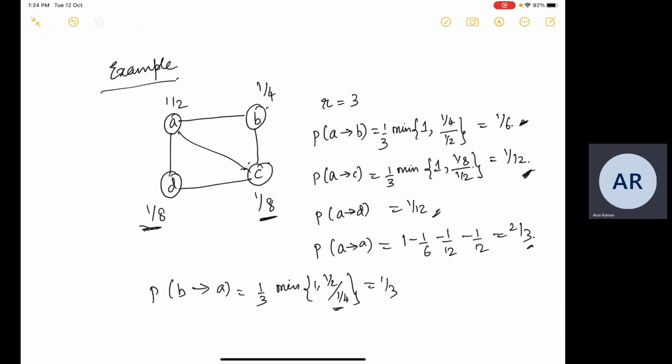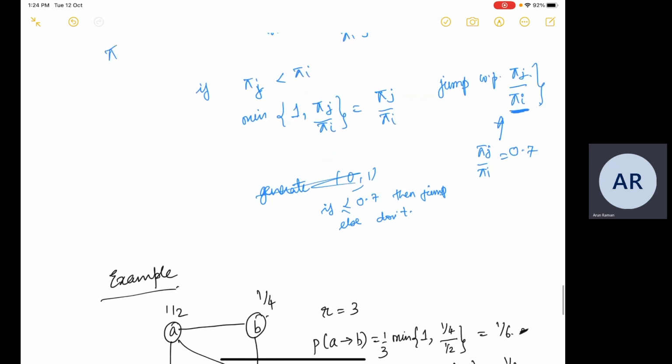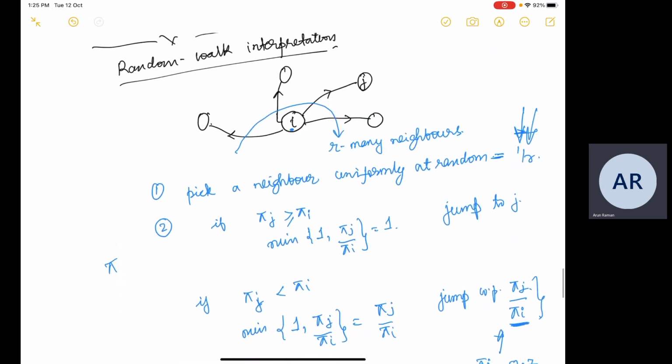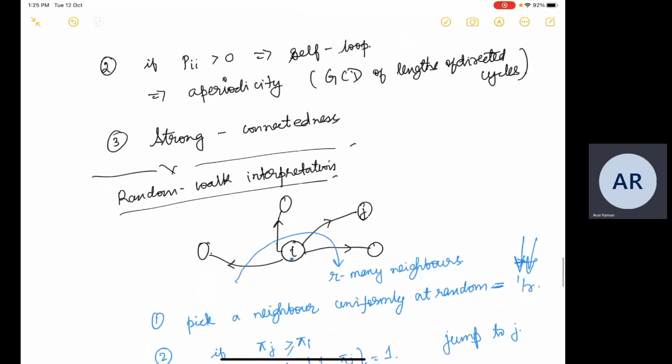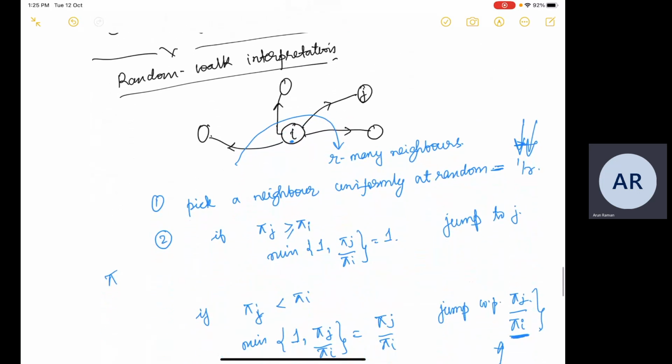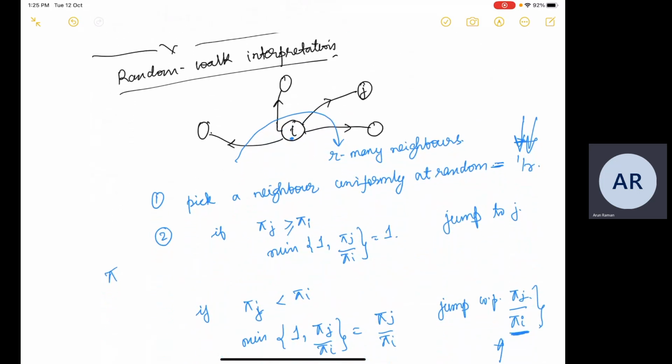So this finishes the first part of the Metropolis Hastings algorithm. All in all, what we have done is that given a stationary distribution, we have generated a transition probability matrix. The one-step transition probability matrix generates the long-term behavior given by the stationary probability distribution.